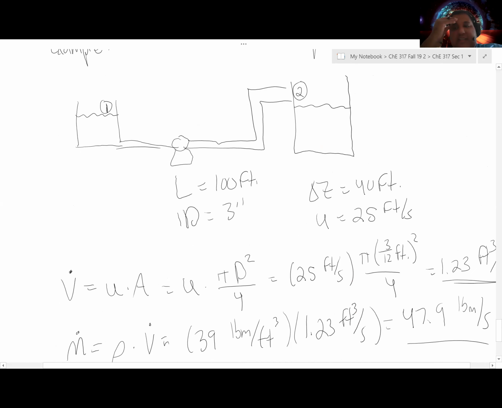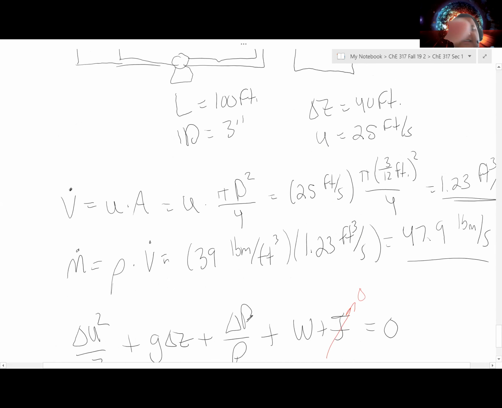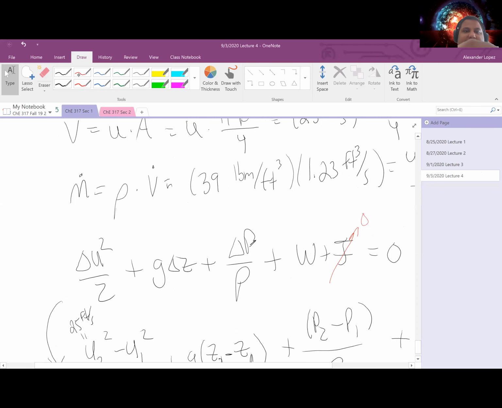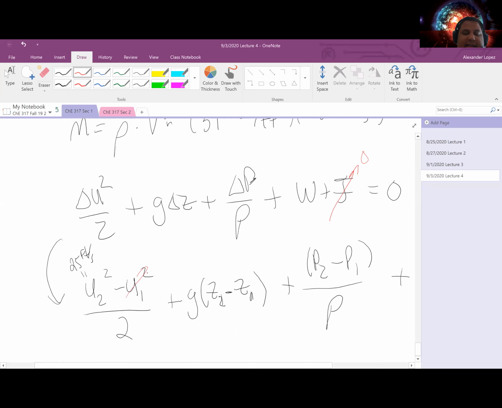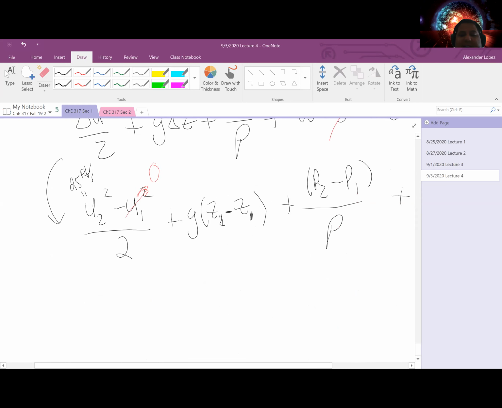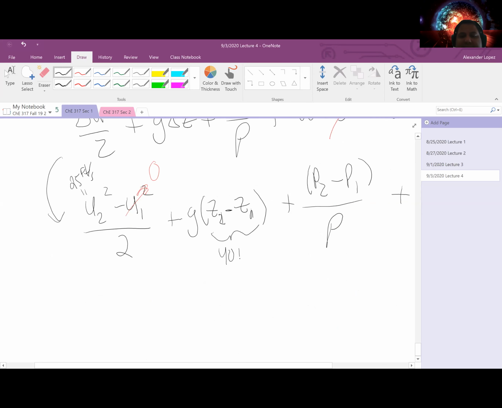U1 is going to be the velocity of the fluid within that supply tank. Now, we can discuss what that velocity would be realistically, but for all intents and purposes, I would say that the velocity at the top of that tank is going to be negligible, such that that velocity is 0. The elevation, z2 minus z1, was already provided to us as 40 feet, which leaves us with our pressure term.